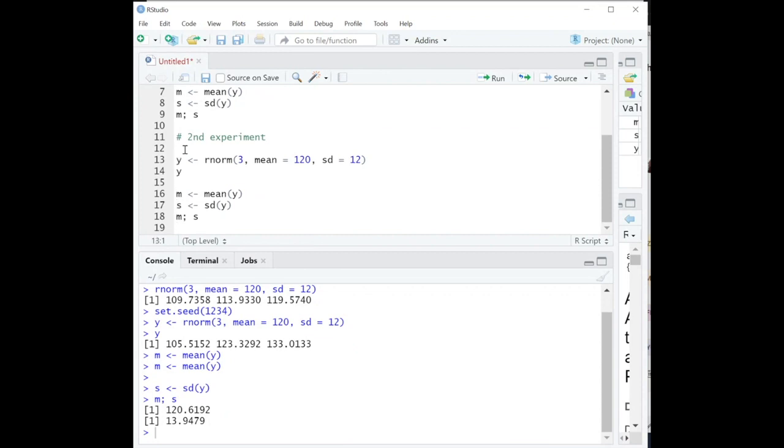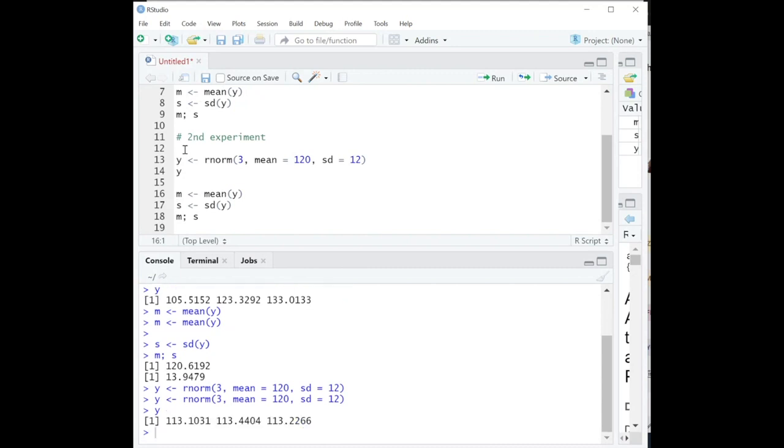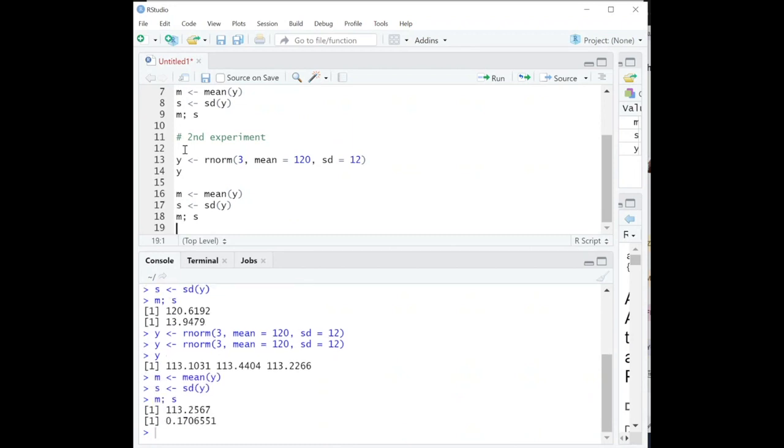So this is another simulation. We see that the subjects are different, of course, because the stochastic element changes every time. And mean and standard deviation are different. Now I have obtained 130, which is pretty lower with respect to the population. So you see that according to the standard deviation, I can obtain rather different results.